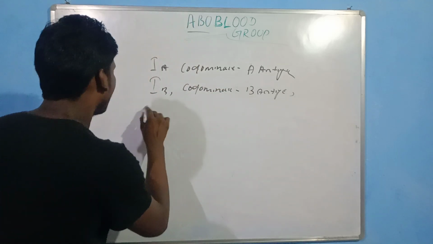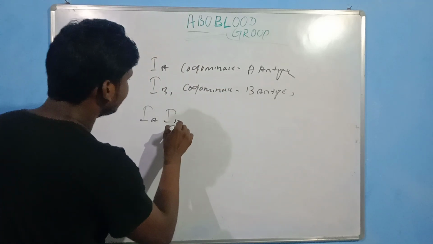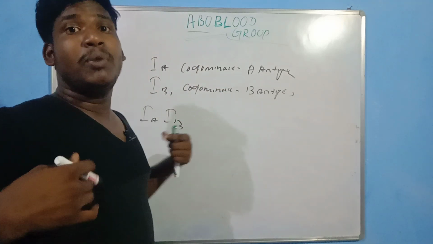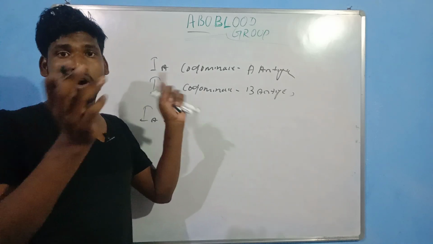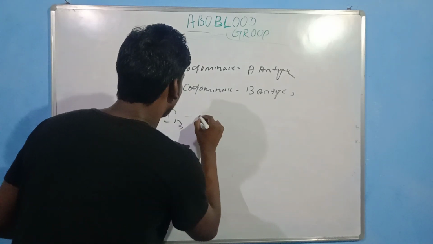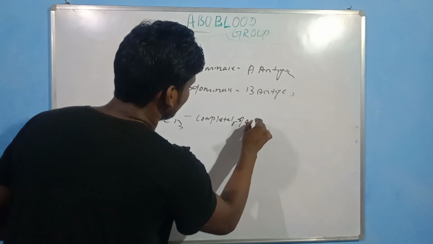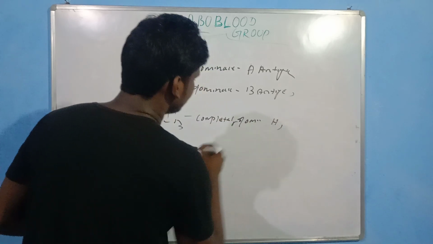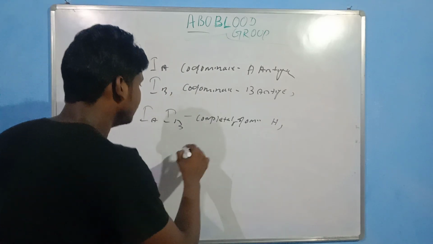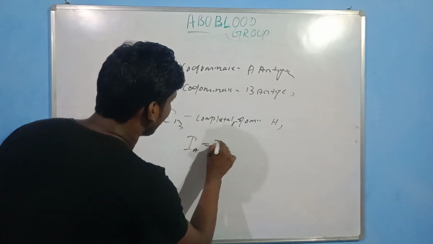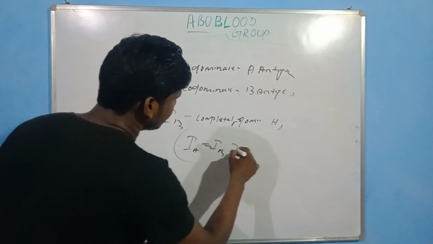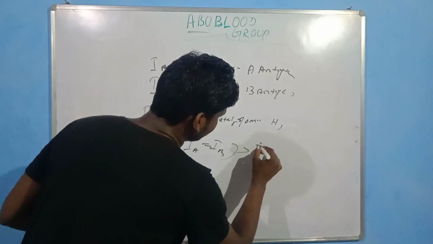But IA and IB are completely dominant over the H molecule. Hierarchically, it is symbolized as IA equals IB is greater than H, or i.